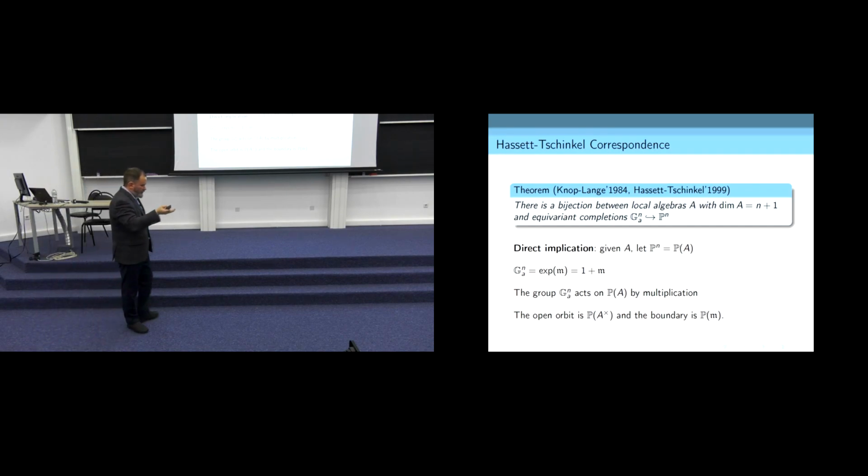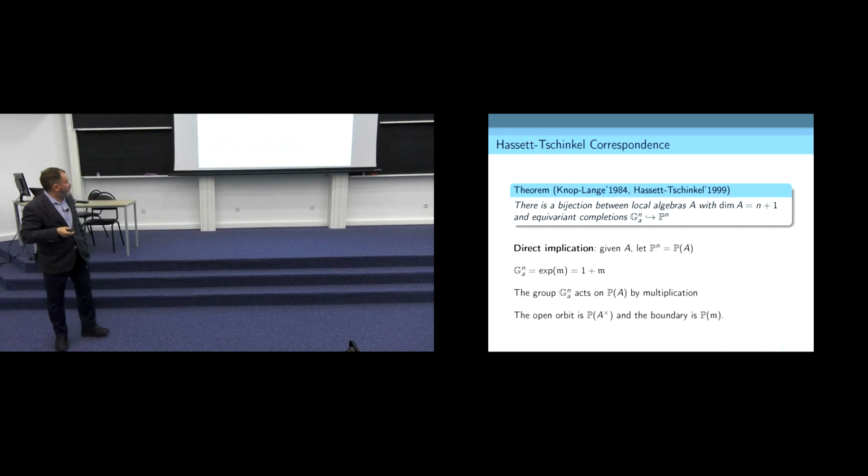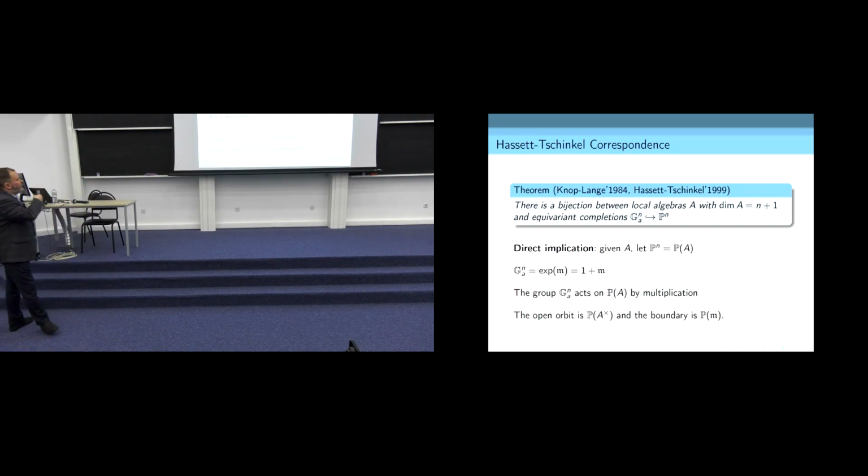Our group of invertible elements acts on the algebra and on the projectivization of this algebra. Scalars act trivially, so we have only the unipotent group action. And in this case, we have an open orbit, which is the projectivization of this open subset, the group of invertible elements. And the boundary is a hyperplane, the projectivization of the maximal ideal.